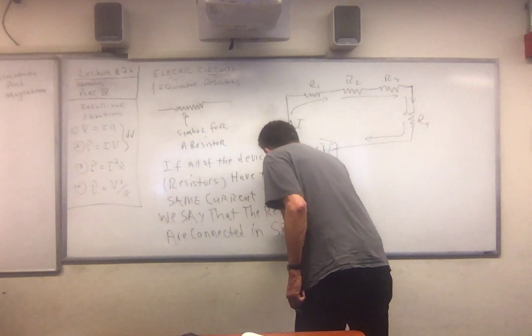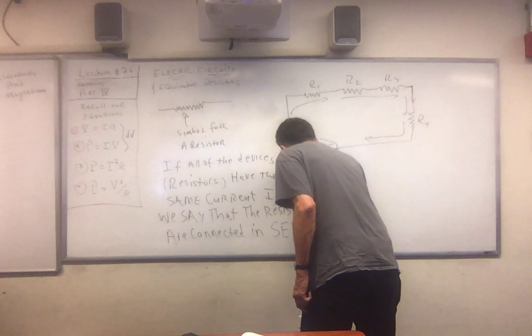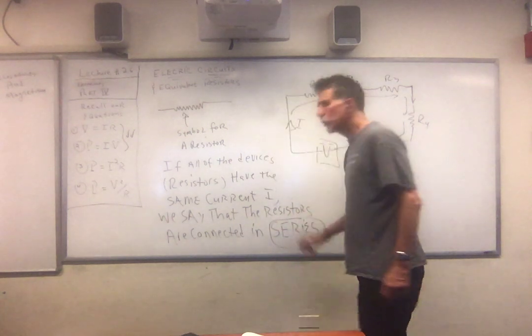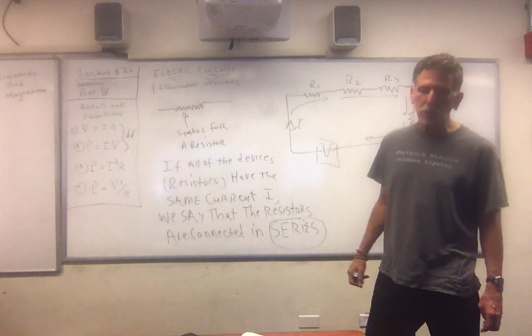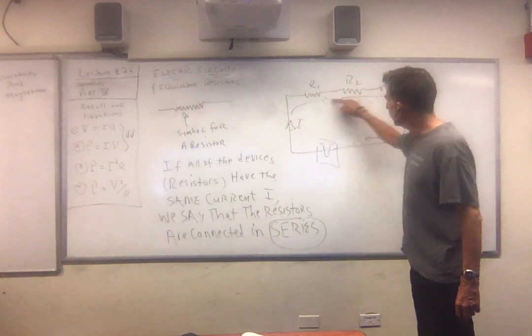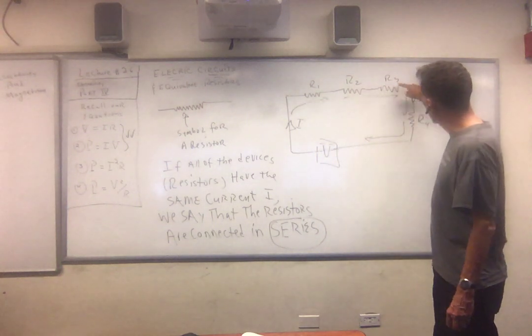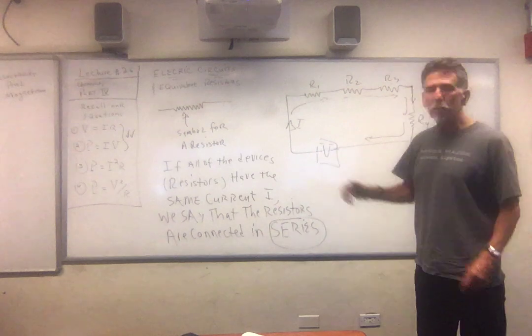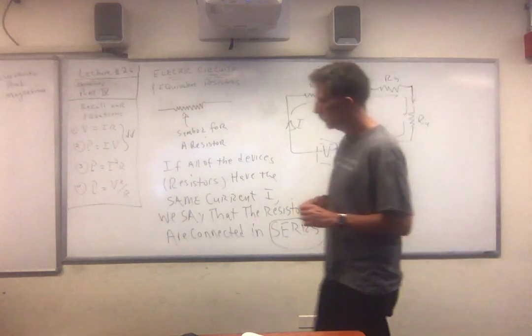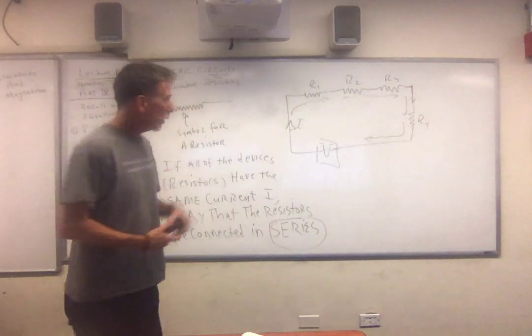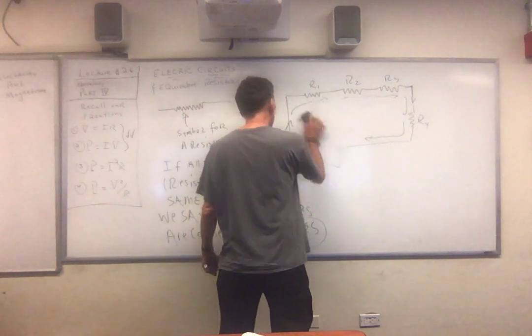I'm going to make sure you see this word, series. So a series connection of resistors means they all have the same current. So R1, R2, R3, R4 are all connected in series. I'm going to erase this for now and redraw it.